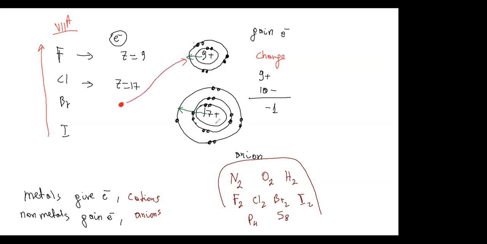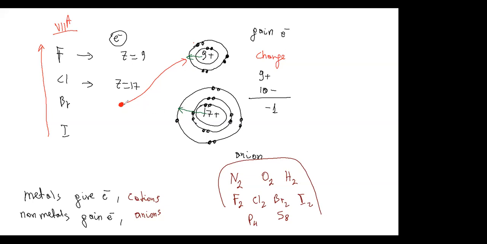It would not go to the chlorine because the chlorine needs a lot of energy to gain that electron, because the nucleus, which is the positively charged part of the atom, is the force that attracts the electrons, but that nucleus is very far away from the outer shell.